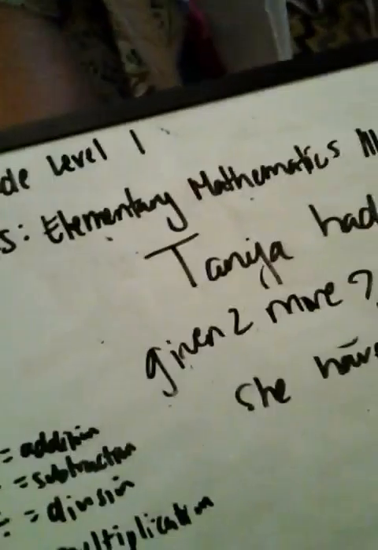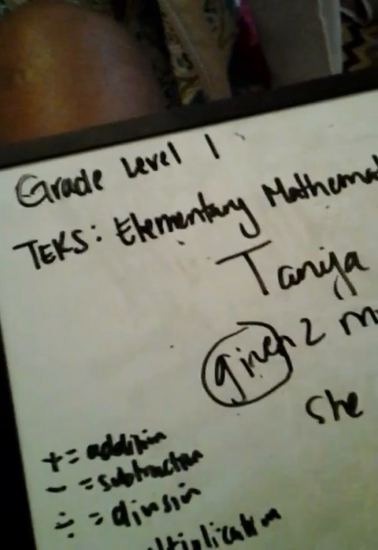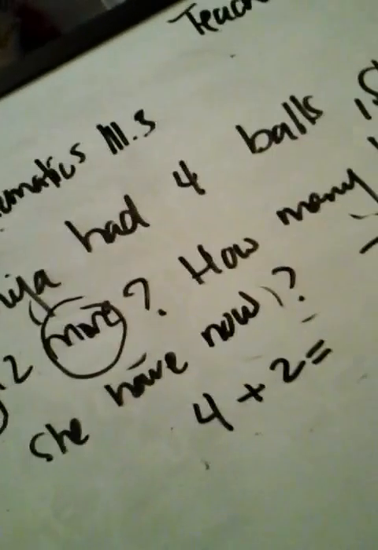She was given 2 more. The words here are given and more. So if we see those words, we say, okay, 4 plus 2. When you're given something, it's always adding. So 6. That's how we get that answer.